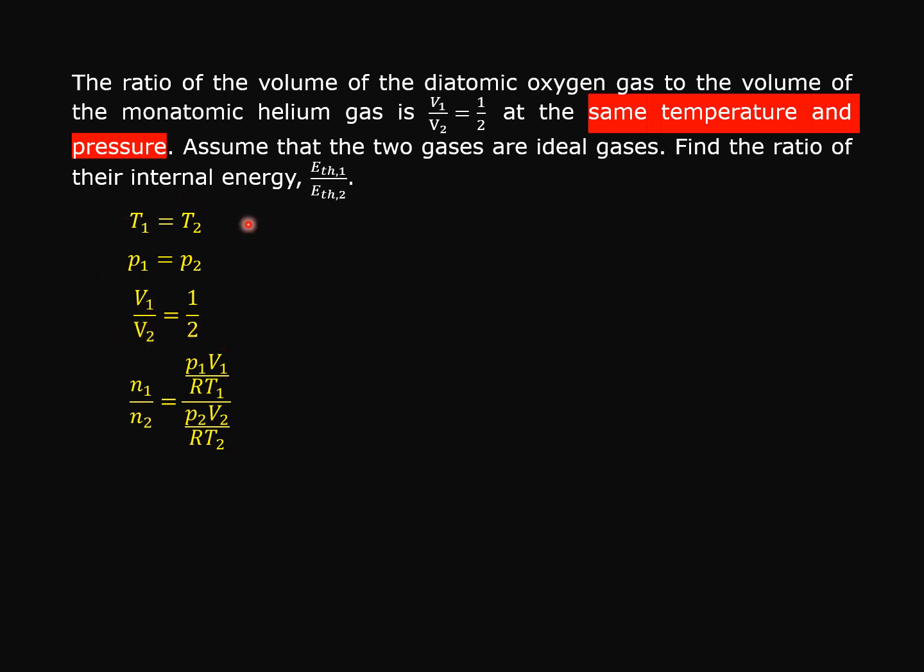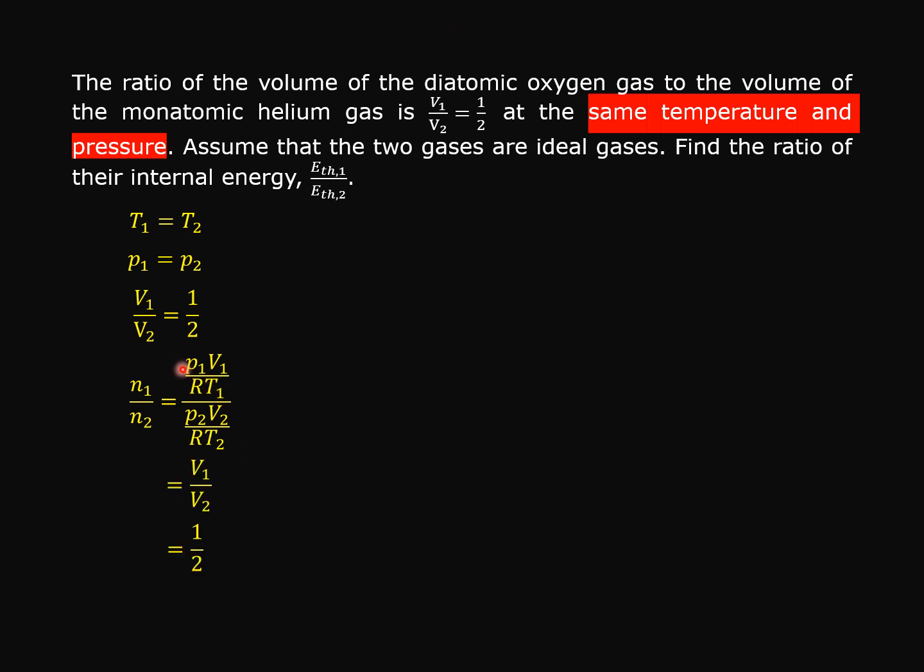From these three pieces of information about the state variables for the gases, we can find the ratio of the number of moles for these two gases. Based on the ideal gas law, we know that n is equal to PV over RT. So for n1, we have P1 V1 over RT1, and for n2, it is P2 V2 over RT2.